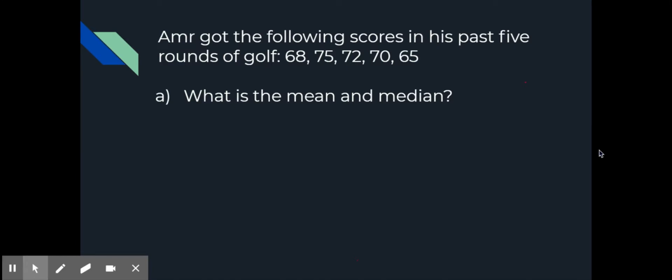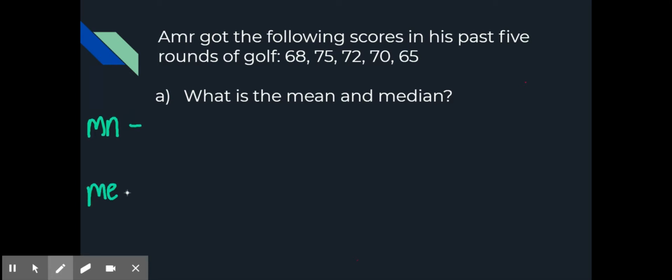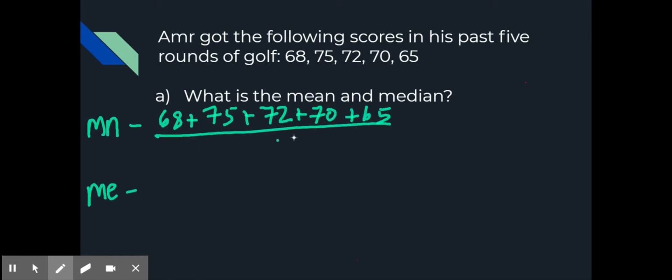So Amr got the following scores on his past 5 rounds of golf. What is the mean and the median? So our mean, I'm going to abbreviate with just MN. For median, I'm going to say ME. For our mean, let's add them all together and divide by however many there are. So 68 plus 75 plus 72 plus 70 plus 65, all divided by, there's 5 total terms.